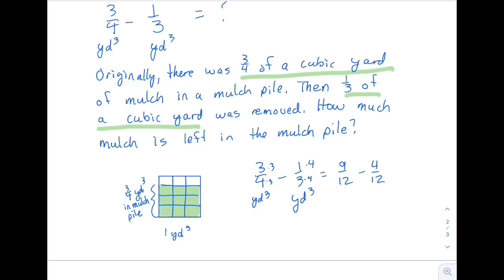Now I've just partitioned it differently, and I have 9/12, and I'm going to take away 4/12, and I'll be left with 5/12. And that's a cubic yard still. So subtle differences in the wording here, but very important for how we solve them. Keying in with a picture can often help us.